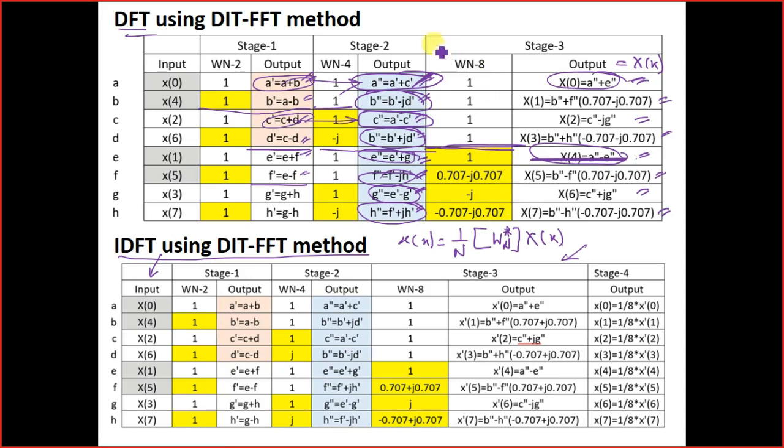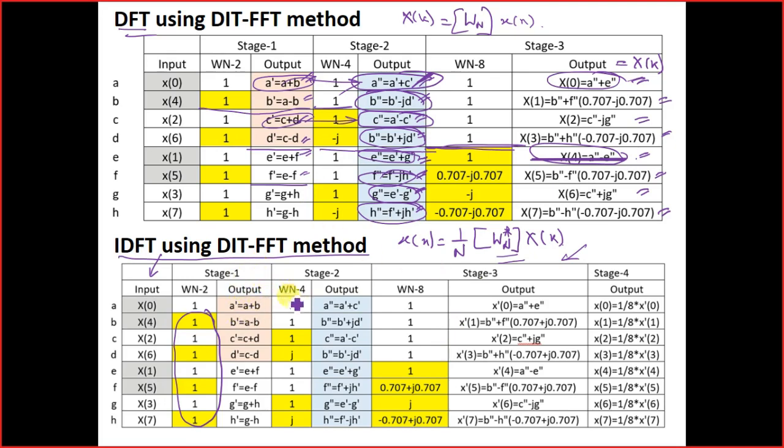The reason being, when we were calculating capital X of k, we were multiplying twiddle factor with the x of n. However, over here we are having the conjugate. Now see, over here there is no change in the values because it was all real numbers.